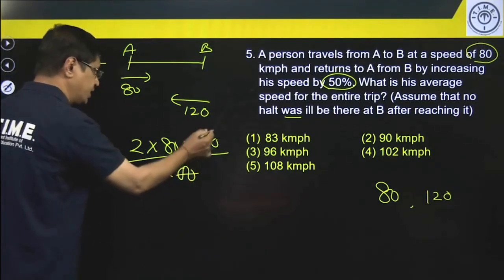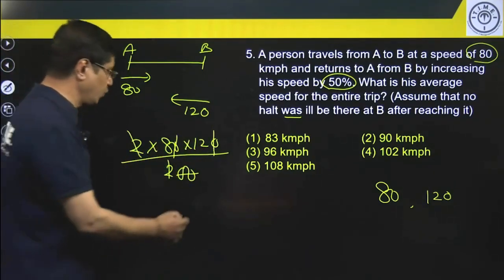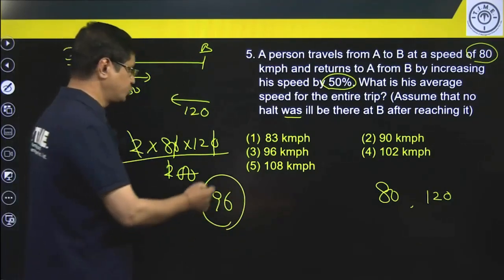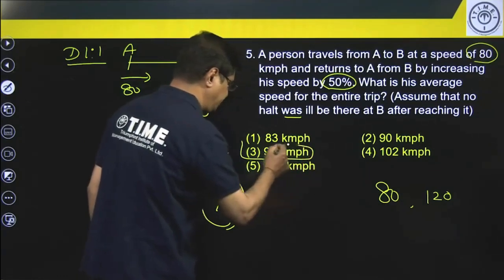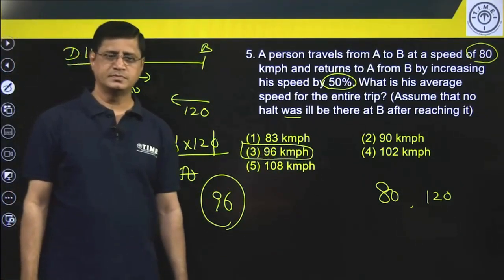Now zeros to 0 we can cancel. Now 2 and 2 gets cancelled. 8 times of 12, 96 km per hour. So what is the right choice? 3. Option 3 is the answer for this question.